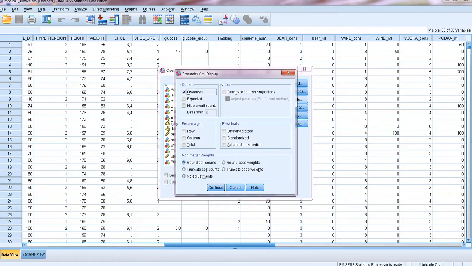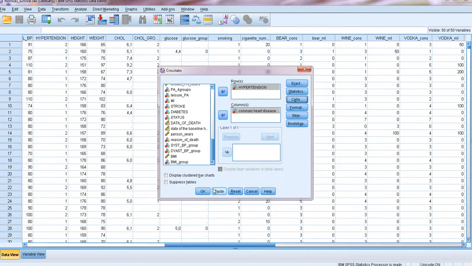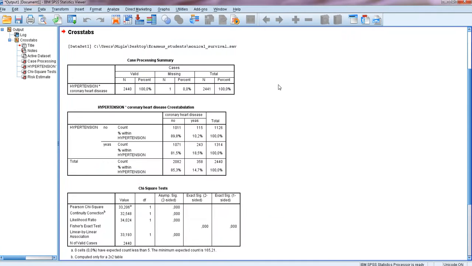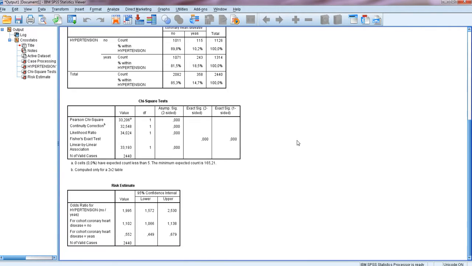And we ask for percentages calculated from row. Okay. For tables, general information, 2 by 2 table, you see that the percentage of people having coronary heart disease and having hypertension is significantly higher, because the chi-square test p-value is less than 0.05, as compared to people without elevated blood pressure.